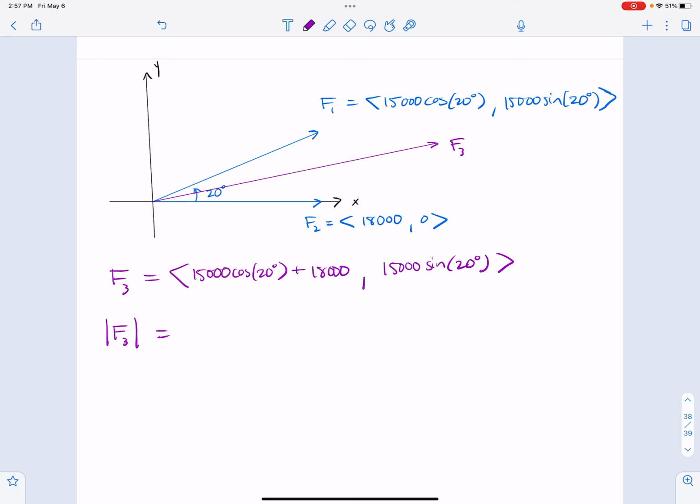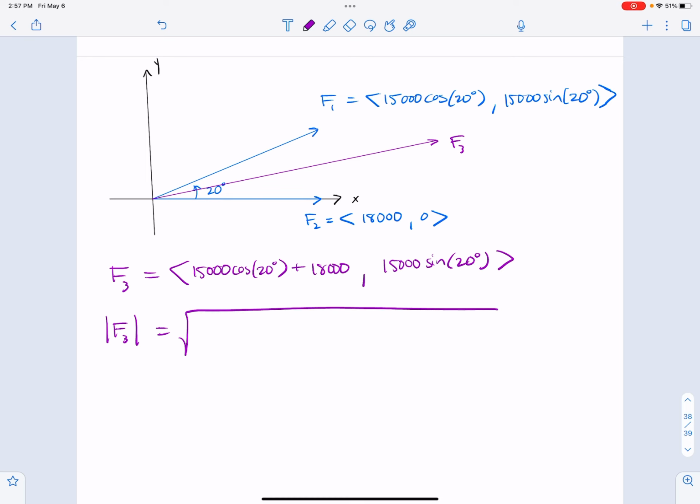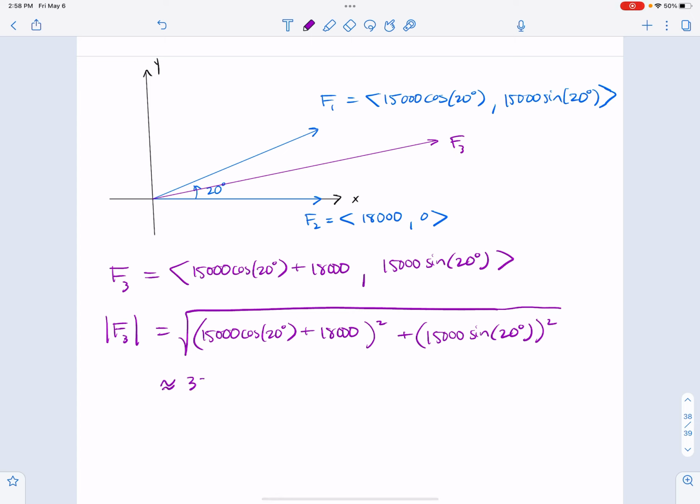The magnitude of that force, so the actual force, the resultant force, will be the horizontal component squared plus the vertical component squared, the square root of that. Which ends up being approximately 32,503 pounds.